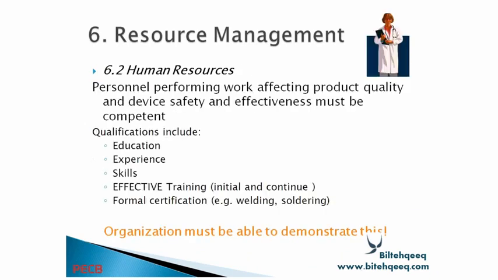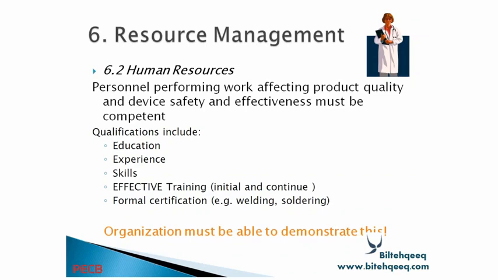And human resources are a main resource, and this includes personnel performing work affecting product quality, device safety and effectiveness, who must be competent. So all the people who are performing different activities must be competent in terms of their education, experience and skill, and they must have been trained effectively, and they must have formal certification for their job.